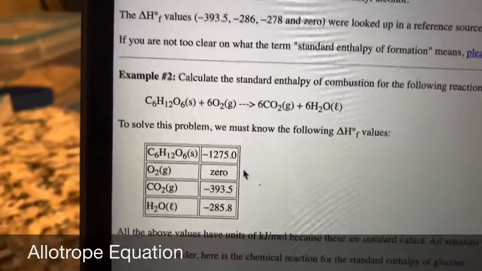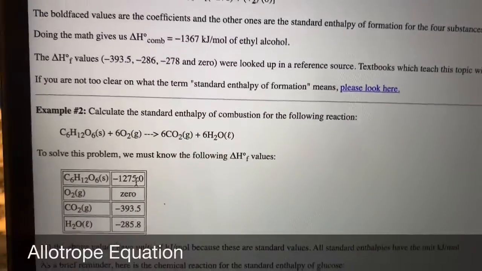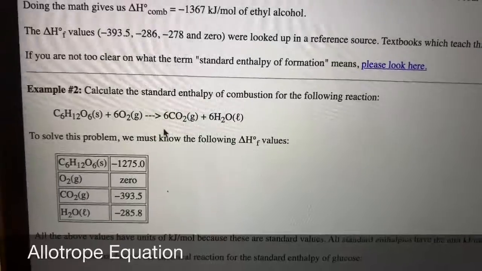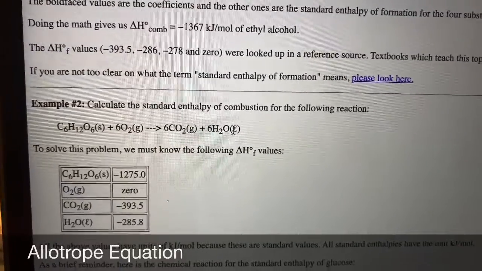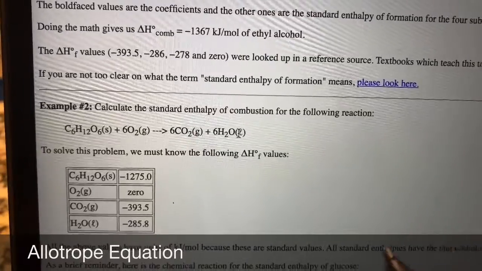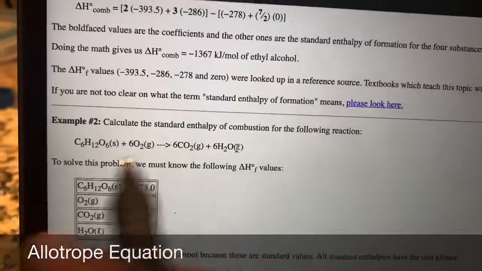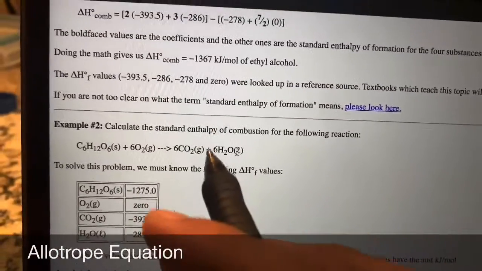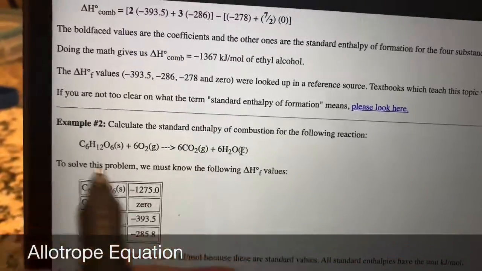All right, so first, in order to solve this, we have to denote each coefficient and where it goes, and we understand that in order to get the standard enthalpy of this overall equation, we're going to have to do the sum of all the products minus the sum of all the reactants.